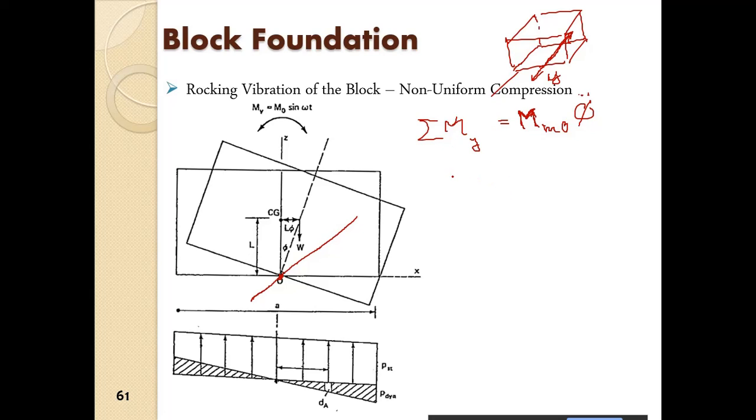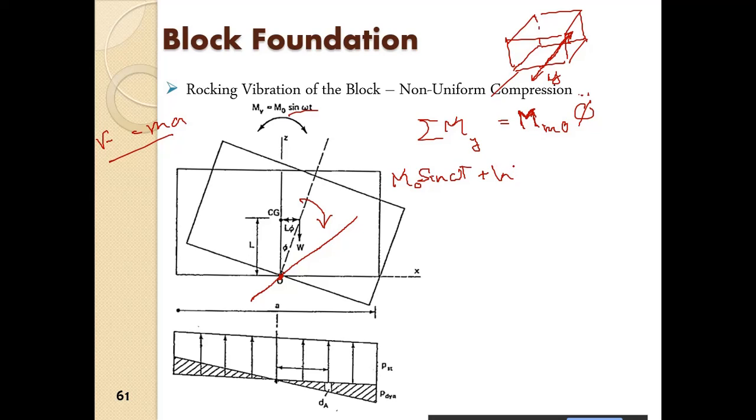We have the moments here, so that is analogous to F equal to ma, which we had. First of all we have the applied moment, M naught sine omega t. Then plus, in the positive direction, we have this moment, which is equal to W into L phi.